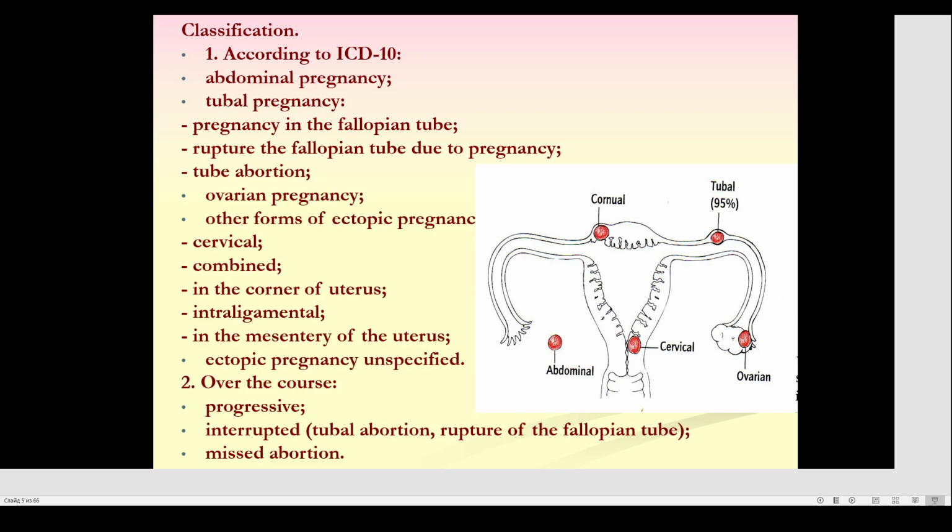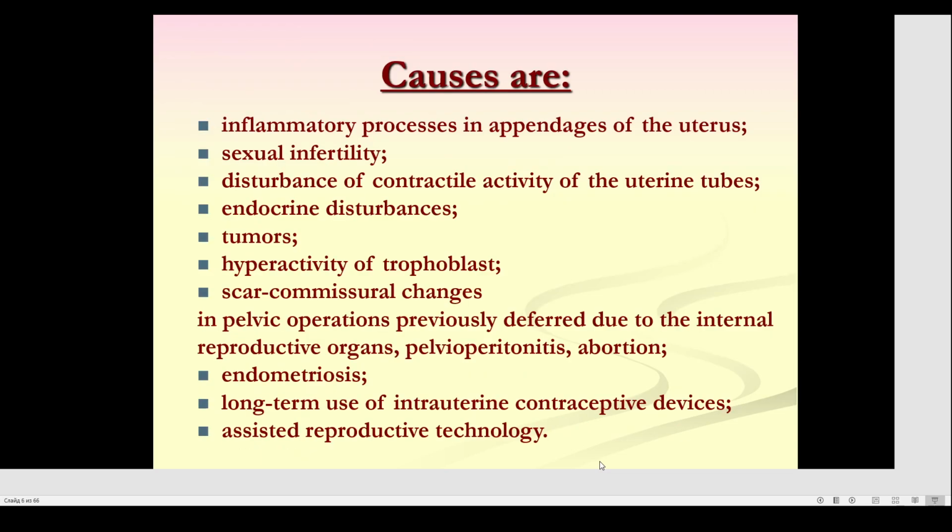Over the course, it is progressive, as I said before, or interrupted: tubal abortion or rupture of the fallopian tube. And sometimes it is missed abortion, when pregnancy happened but did not develop.